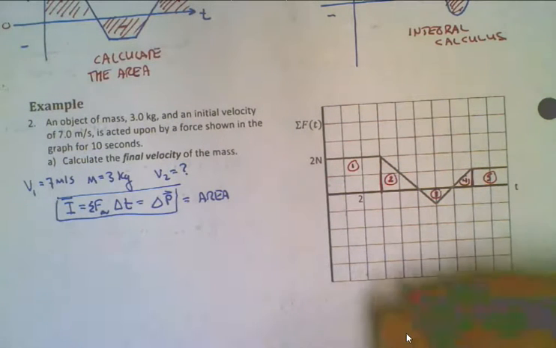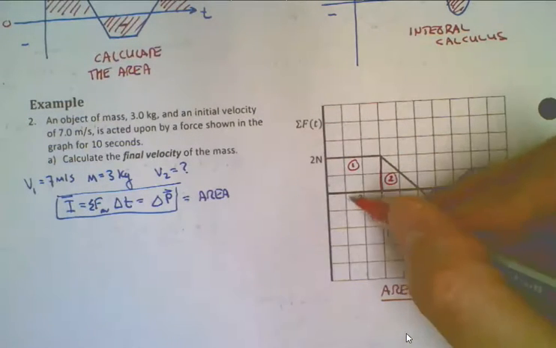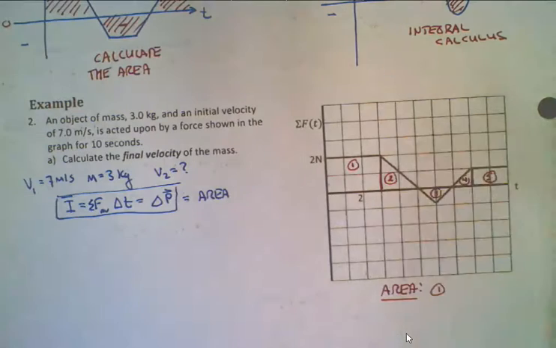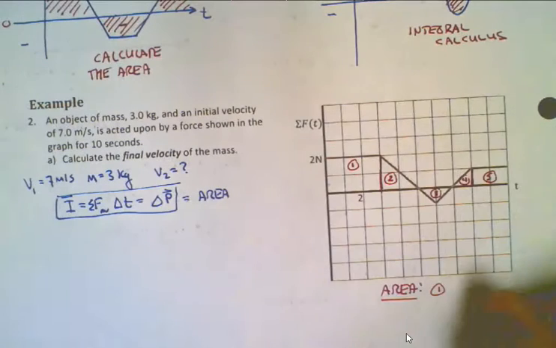So let's find the area. For area 1, each unit here is 1, 2, 3 seconds, and then up is 1 Newton, 2 Newtons, 3 Newtons, 4 Newtons. So here we have the first bit for number 1: we've got 2 times 3, so it's 6 Newton seconds.